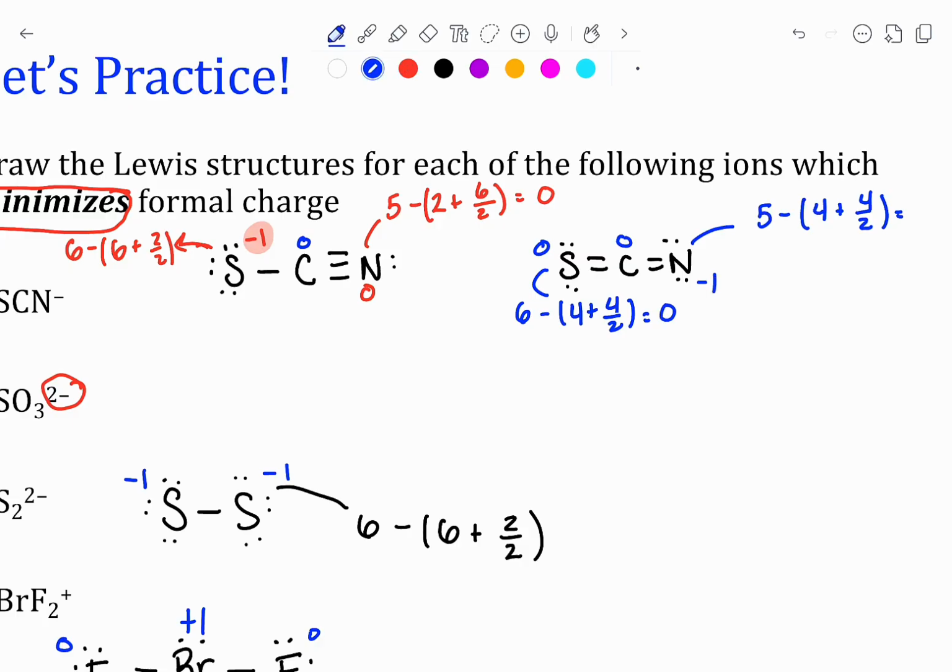So that puts that -1 on the more electronegative atom. It is more electronegative, so it wants to have the negative. I still have my 0 and my 0 working out. Everything else is minimized. So this is actually our preferred structure of SCN- because of the formal charge.